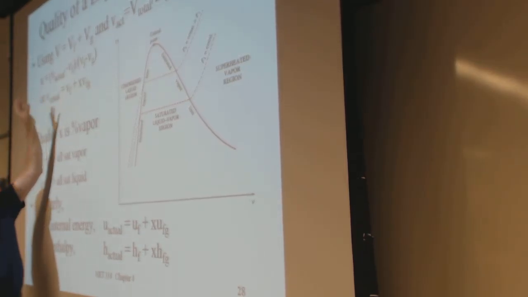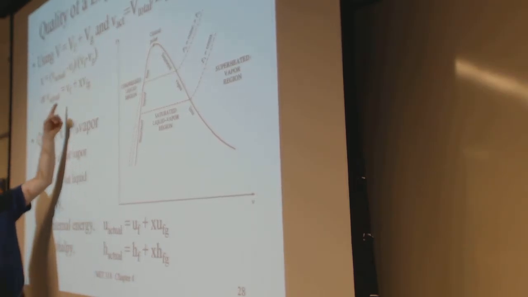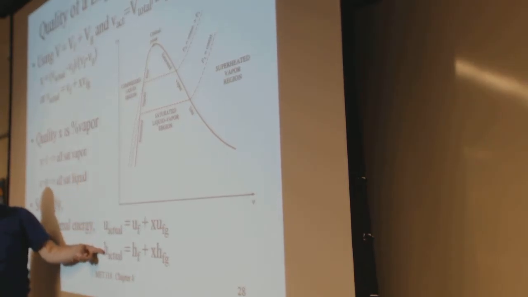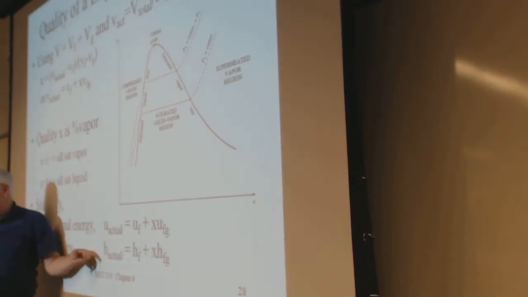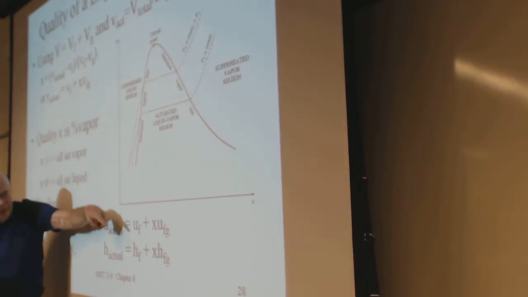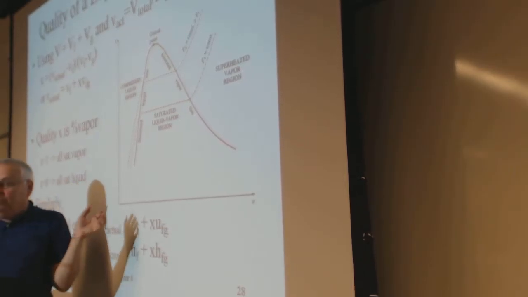We're going to be using this term, and mostly we're going to be using it for volume, specific volume, and enthalpy. And usually what happens is we know what a volume is, and we use this to find the quality, and then we use the quality here to find the energy. We can measure the volume.